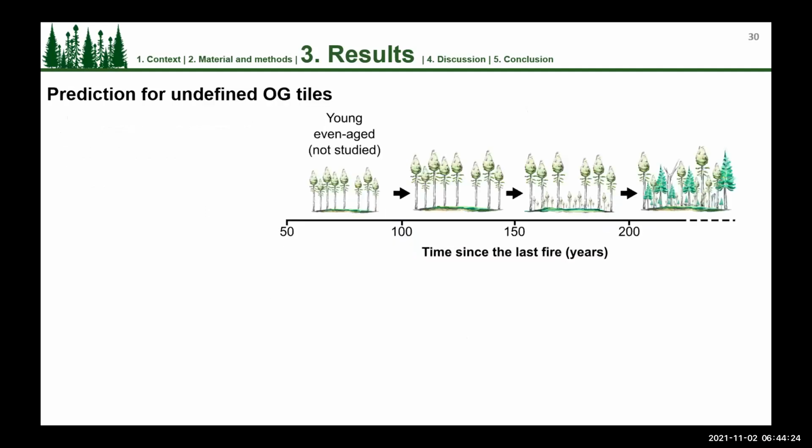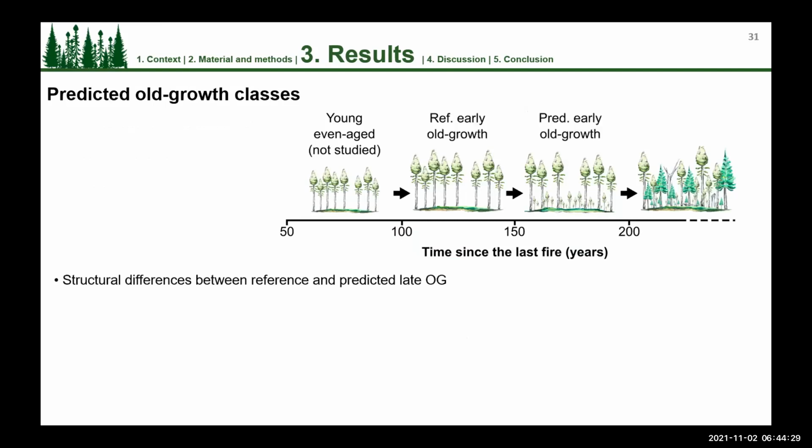When we then observed the structure of the forest for the undefined forest, we saw that for the reference and predicted early old growth forest, there were clear structural differences between these two classes, which imply differences in successional stages. In fact, the predicted early old growth forests were for most at a more advanced successional stage than the references, because we saw in the structures evidence of the beginning of gap dynamics, while reference plots showed the first post-fire cohorts replaced by new shade-tolerant cohorts.